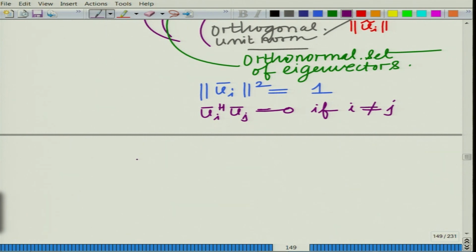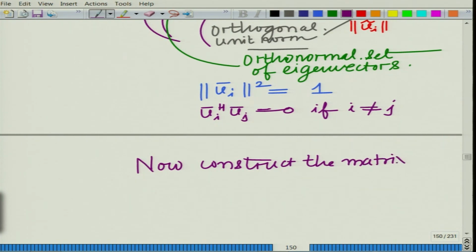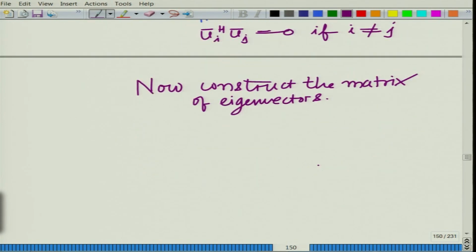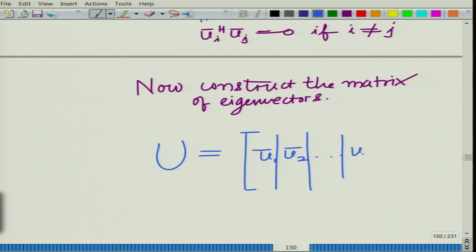Now construct the matrix of eigenvectors. What is the matrix of eigenvectors? We know this is u1 bar, u2 bar, un bar, where the columns are given by the eigenvectors.